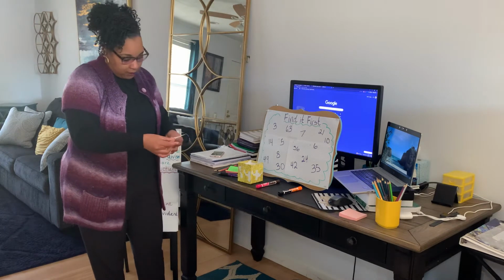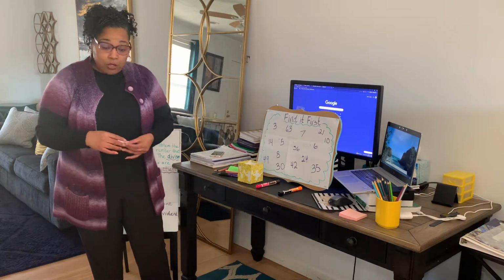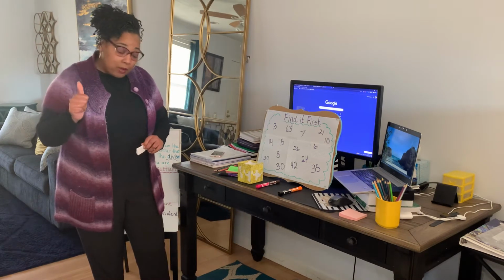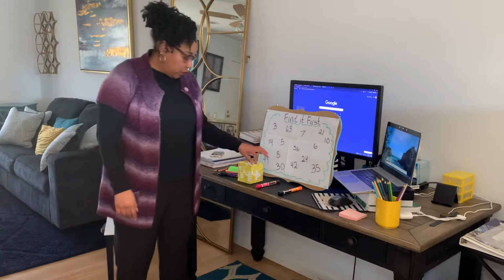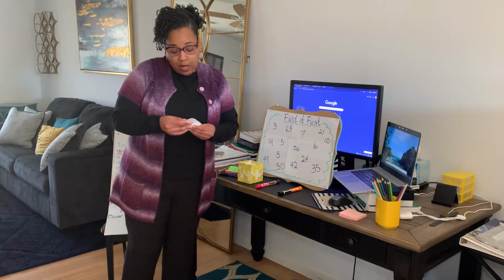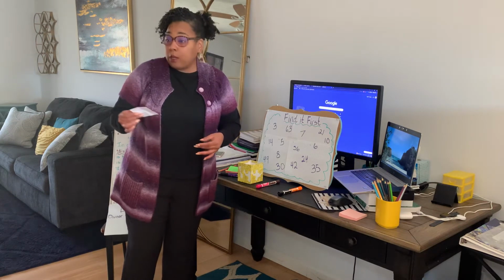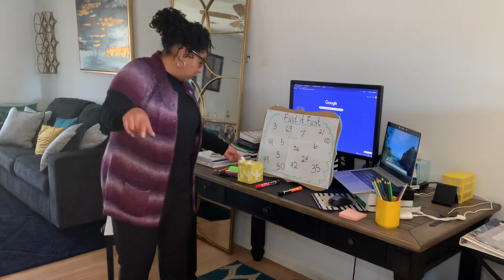First group I have is Team Yogi Bears. So Team Yogi Bears, you are going to stand. You're going to move quickly and quietly to the station that you would like to start from. Good job. Next we have Team Grizzly Bears. And the instruction is the same. You're going to stand, move quickly, quietly to the station that you would like to start from.